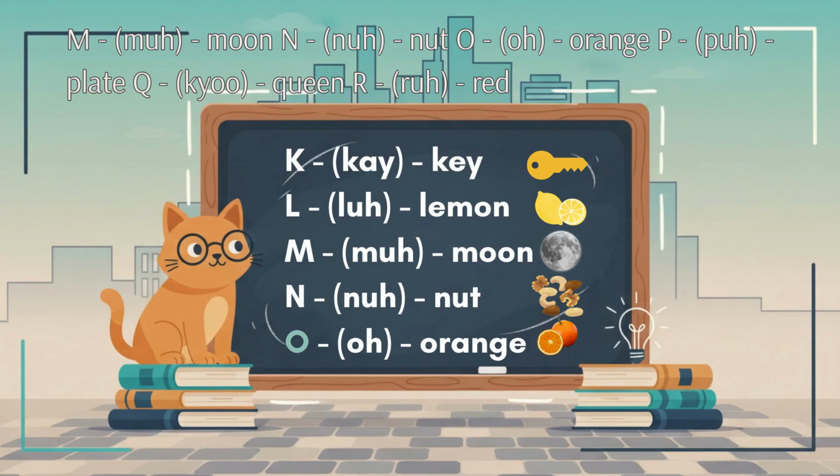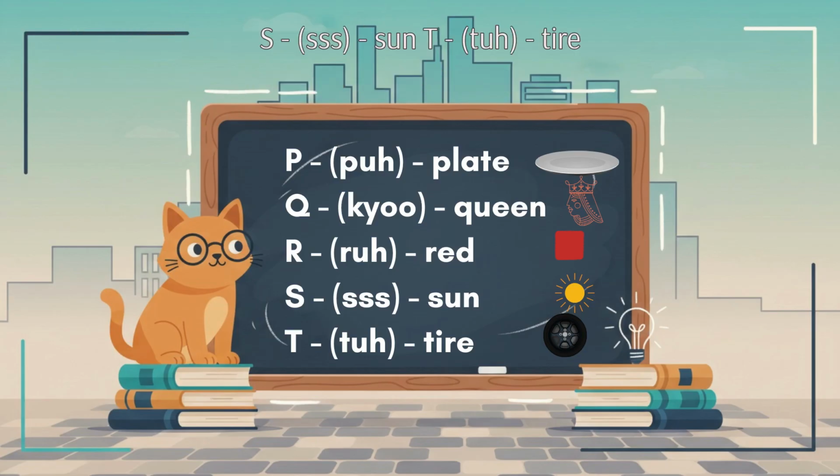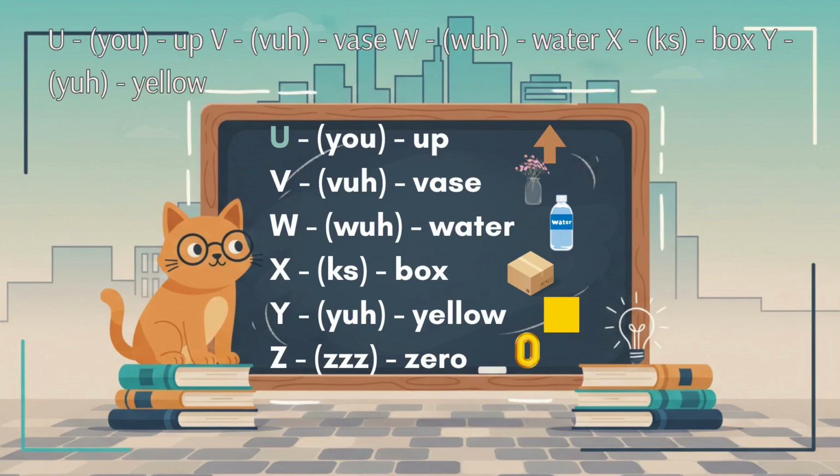O, orange. P, plate. Q, queen. R, red. S, sun. T, tire. U, up.